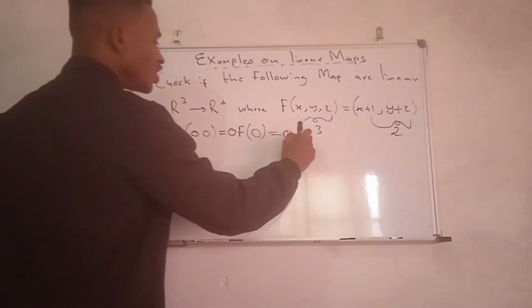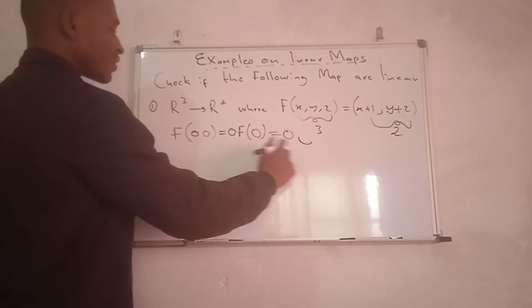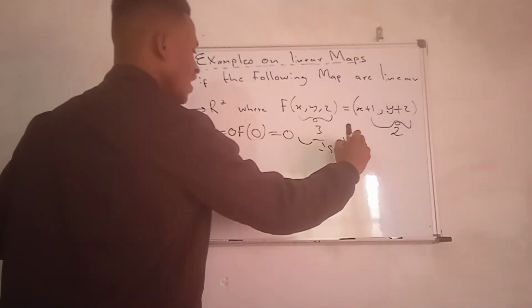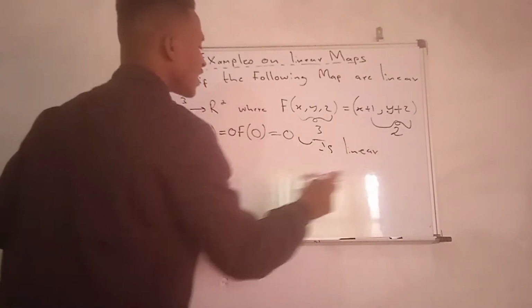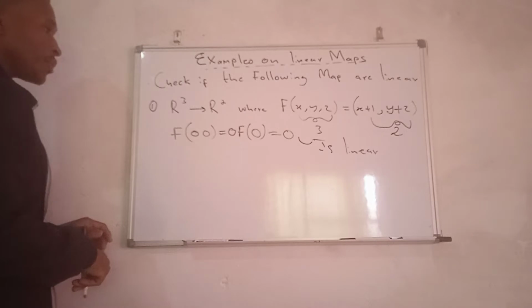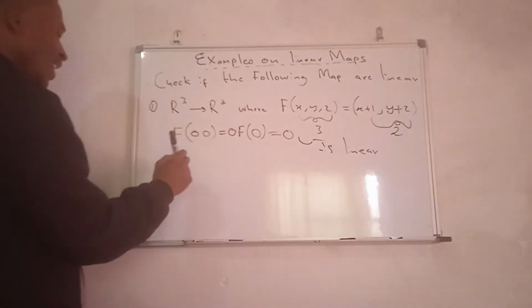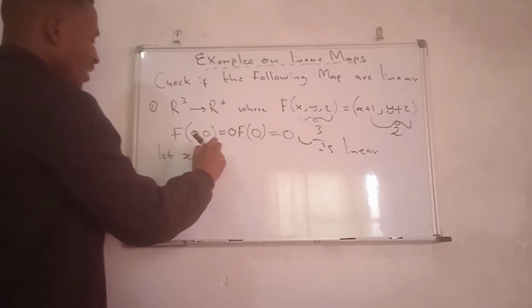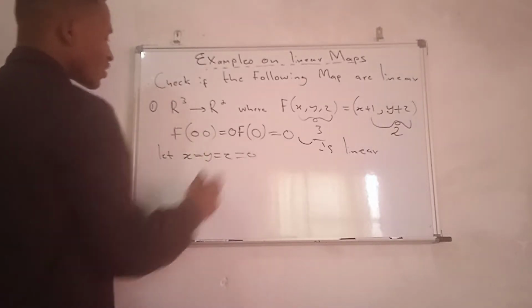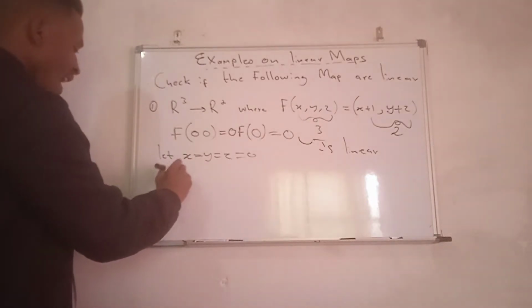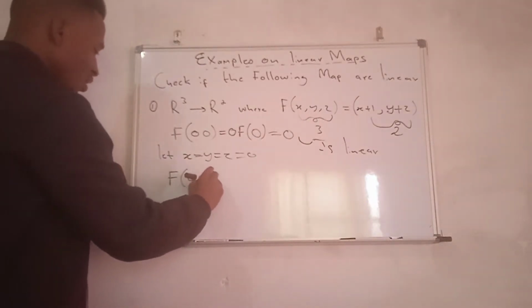So if this condition is satisfied, therefore we say the map is linear, according to this condition. So we can let x equals y equals z, which equals 0. So my f in this case will be f of (0, 0, 0).